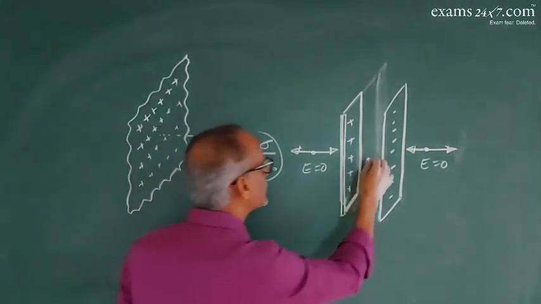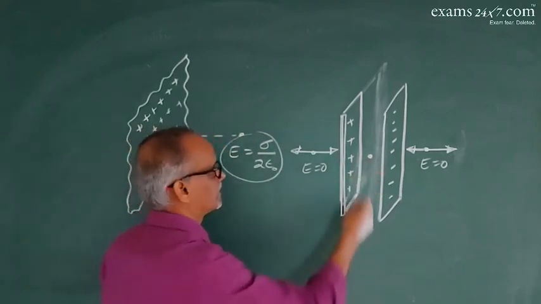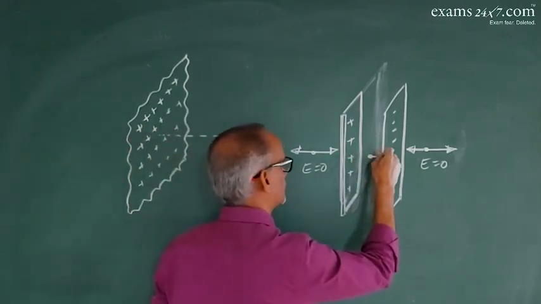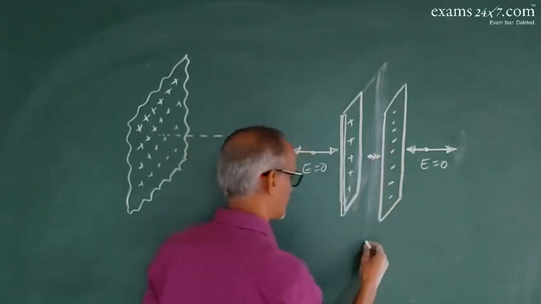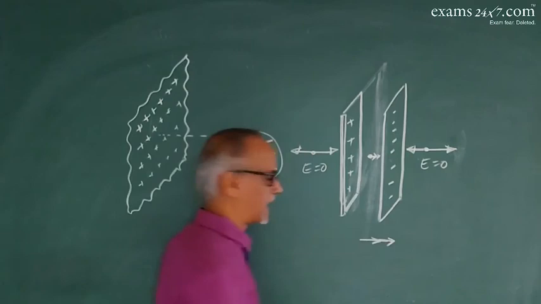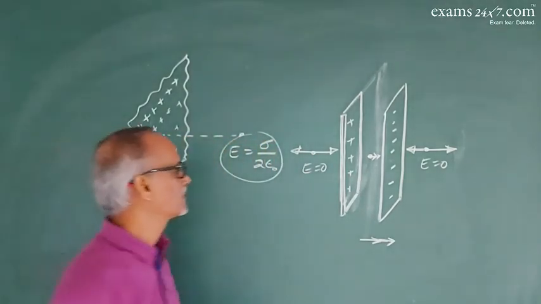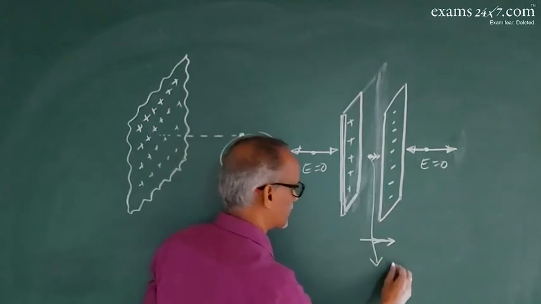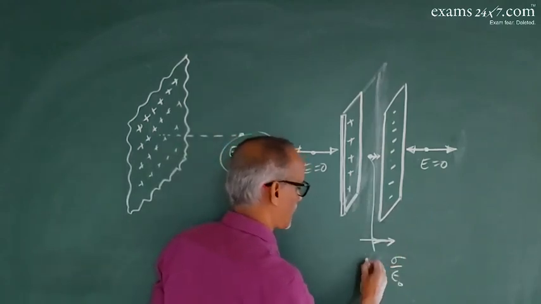What is the field in between? Due to the positive charge, it is away from it, and due to the negative charge, it is towards. So therefore the two fields add up: sigma by 2 epsilon naught plus sigma by 2 epsilon naught. The field between is equal to sigma by epsilon naught.